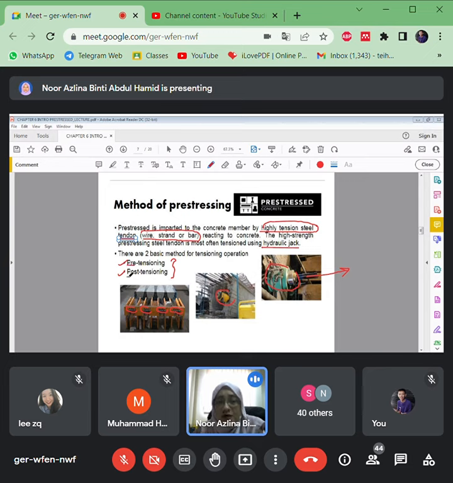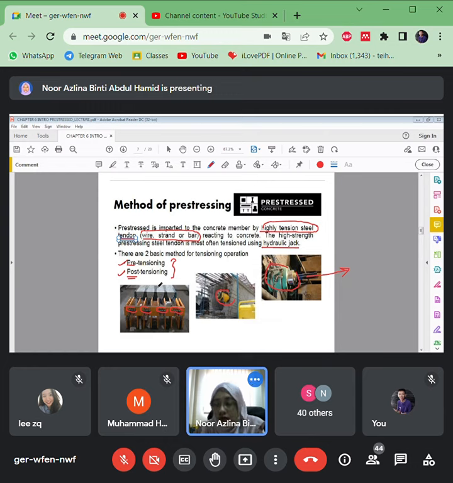From the terms, you can already come up with the idea that pre-tension is where we apply the initial compression before the structure can be used. For post-tension, that means we apply the compression at the end of the casting.